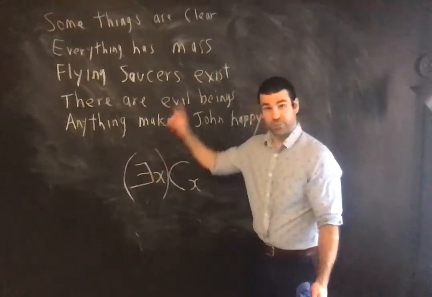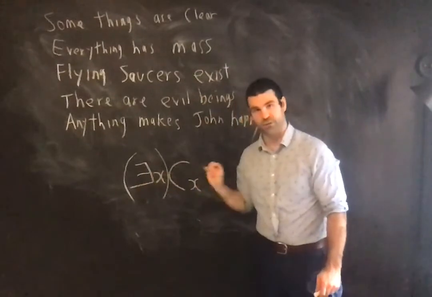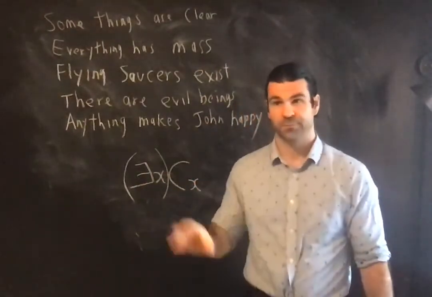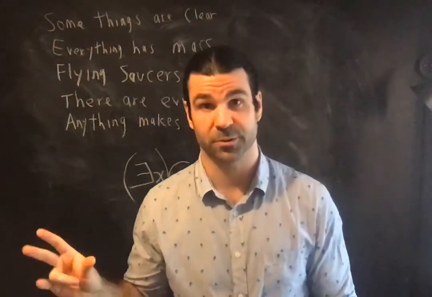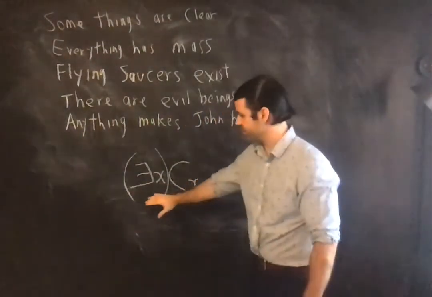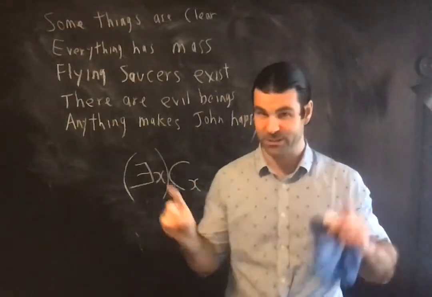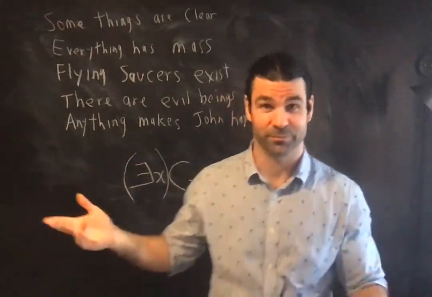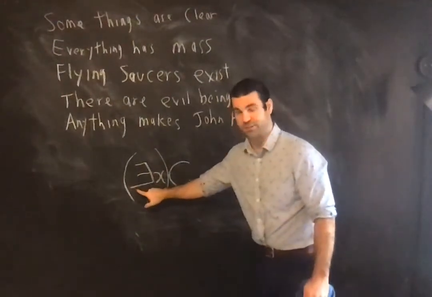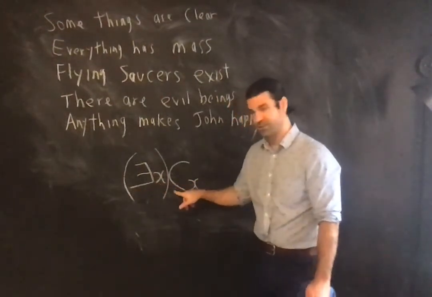But that's it. That's the symbolization of this first one. Some things are clear. A lot of developing mastery of quantifiers is learning to read the symbolization in English, right? Especially saying the phrase "such that" at the right time, right? There exists an X such that X is clear.